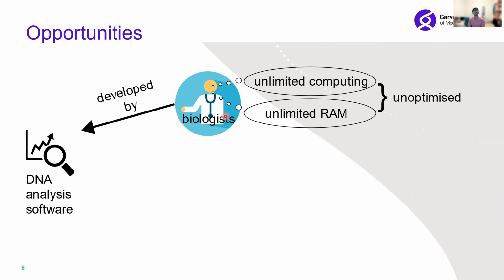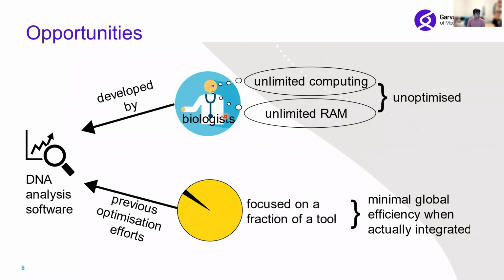They have access to huge computers in their research centers with terabytes of RAM and a large number of processing cores, and they have almost infinite computing power and RAM. So they are not really worried about writing optimized code. They just write assuming that they have unlimited computing. So as someone who knows how a computer really works, it's an opportunity to optimize.